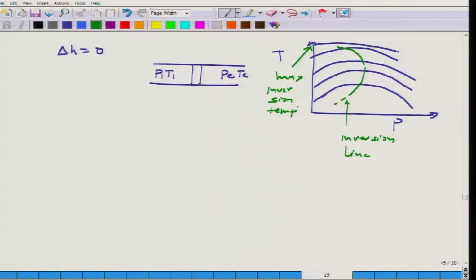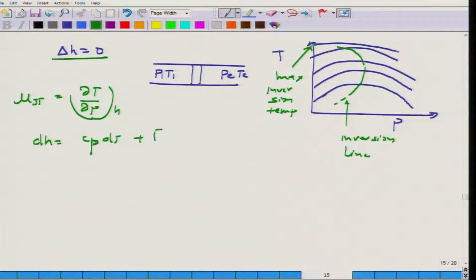In the earlier discussion we already discussed the Joule-Thomson coefficient mu_JT, which is nothing but the change in temperature with respect to pressure at constant H. Now, considering that delta H is going to be 0 because H is constant, you can use the expression derived earlier: Cp dT plus V minus T del V by del T dP equals 0.